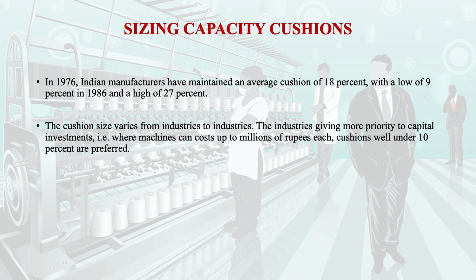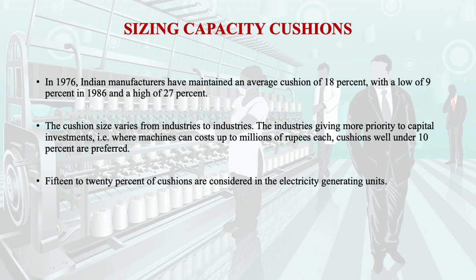The cushion size varies from industry to industry. Some industries give more priority to capital investment, where a machine can cost up to millions of rupees, and a cushion of 10% is normally preferred. 15 to 20% cushions are considered in the case of electricity generating units.